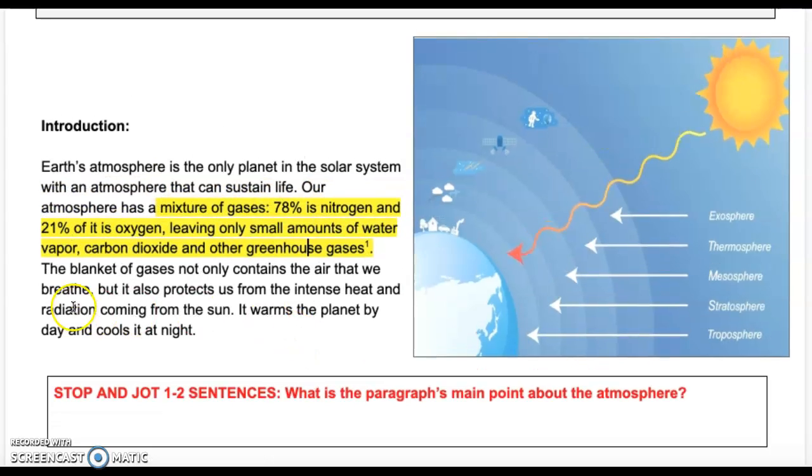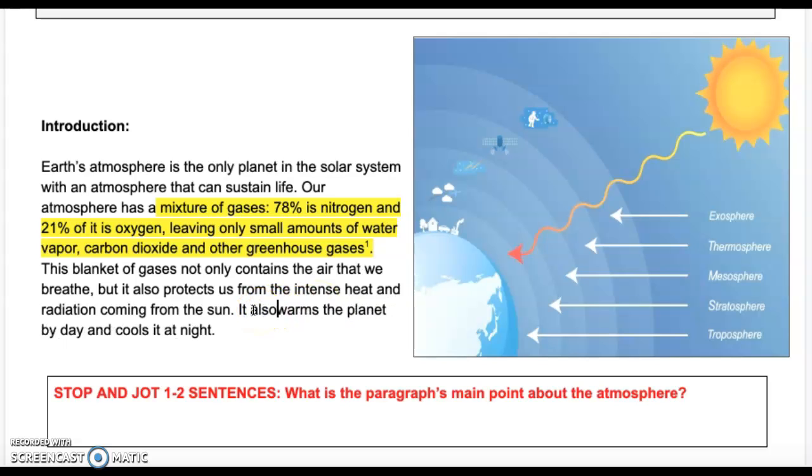Okay. The blanket of gases that contains the air that we breathe. Oh, that's a typo, sorry. It's supposed to say, this blanket of gases not only contains the air that we breathe, but it also protects us from the intense heat and radiation coming from the sun.